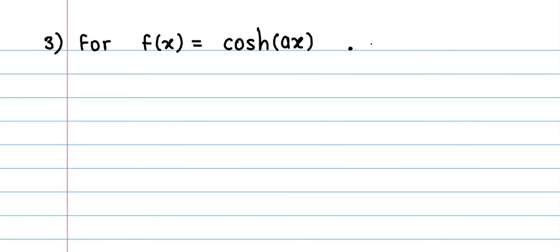Same is the case with the shortcut method formula for hyperbolic functions. So we go for the third case: f of x equal to cos hyperbolic ax or sin hyperbolic ax.